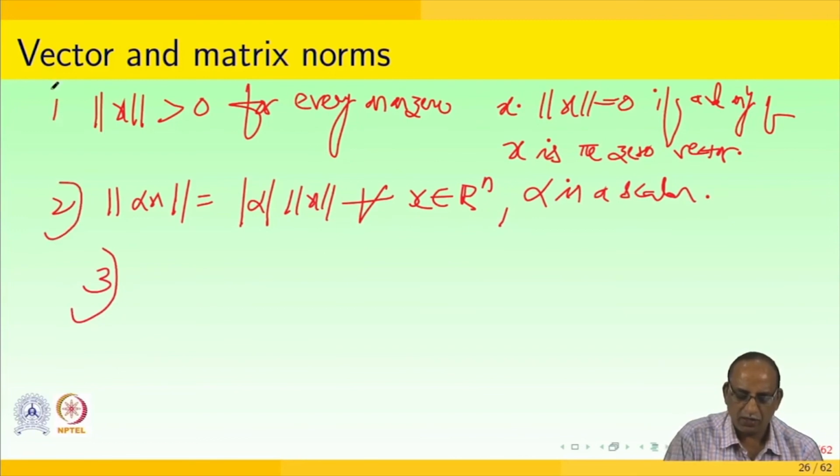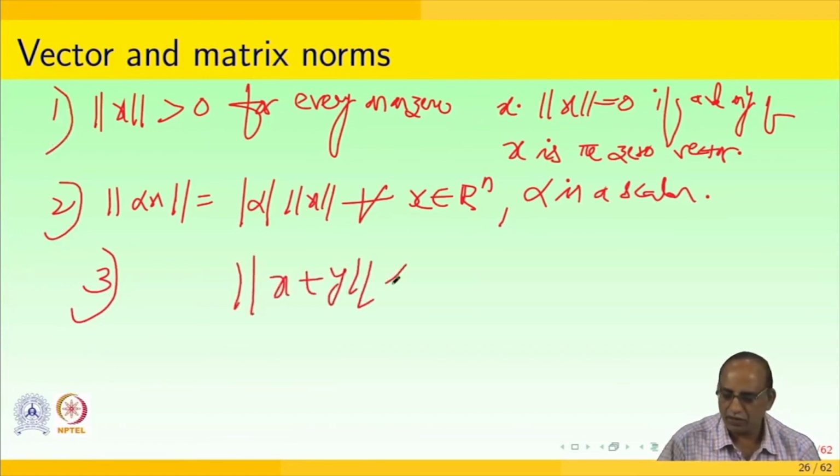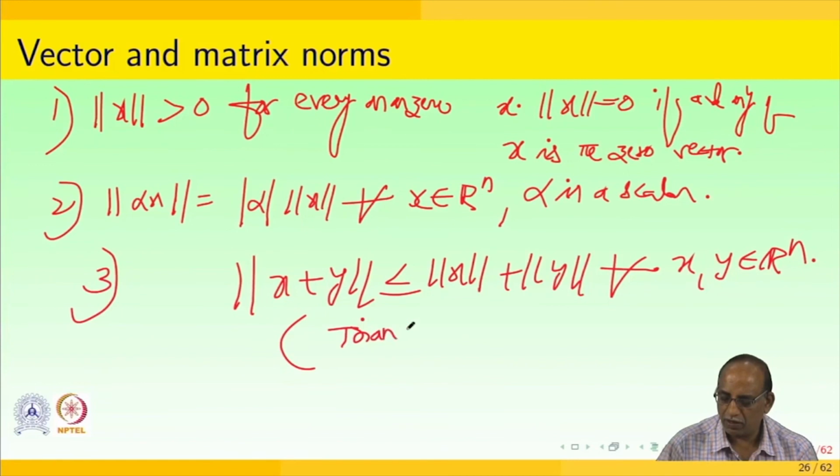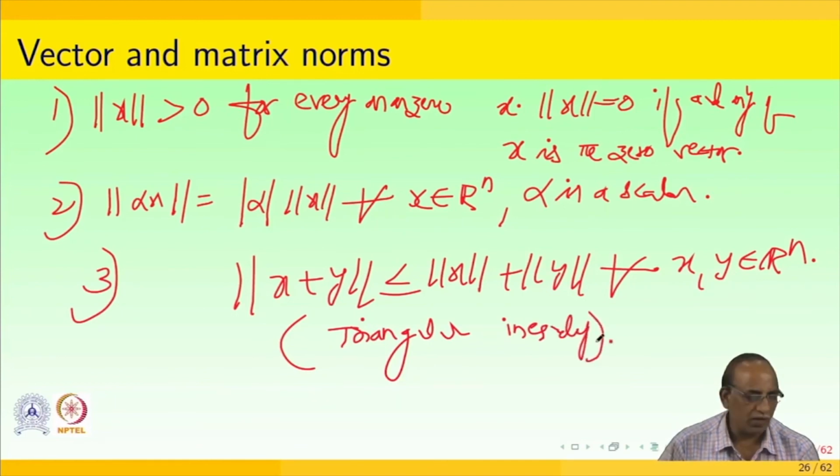Third one is the norm of x plus y is less than or equal to norm x plus norm y for all x, y in R^n. This is what is known as the triangular inequality.